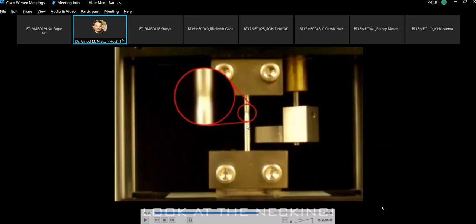So in this sample, during its casting process, if there is some imperfection at some location, we can say here, or here at the mid side of this sample, it will act as a crack in the sample, and that crack will expand in the radial direction as the elongation takes place.